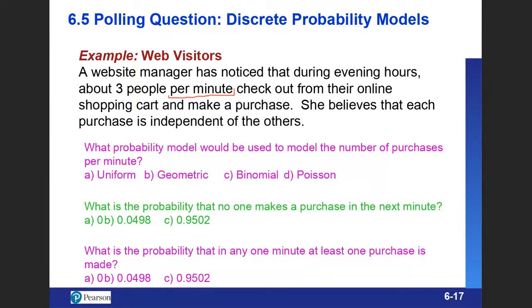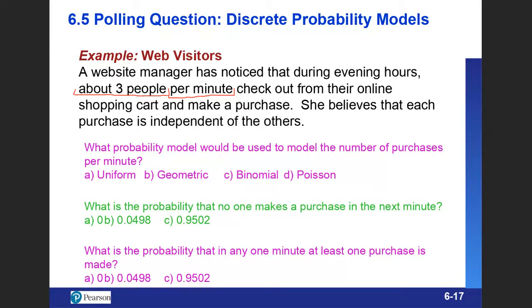So that's telling me that there's some interval of time that they're only specifically interested in. So that's my clue that it's a Poisson model. The other thing, it's telling me about 3 people. So that about 3 people means an average. So this is what we know: about 3 people per minute check out from their online shopping cart and make a purchase.